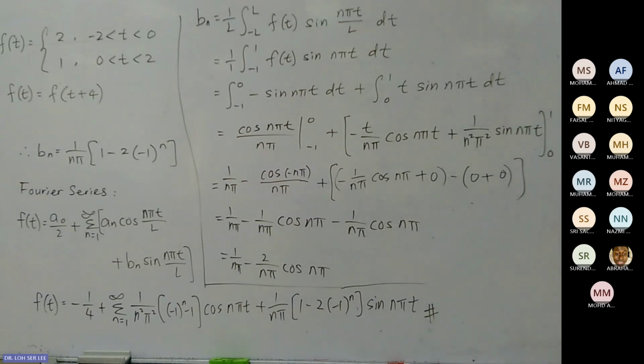Sketch the graph of the function from -6 to 6.